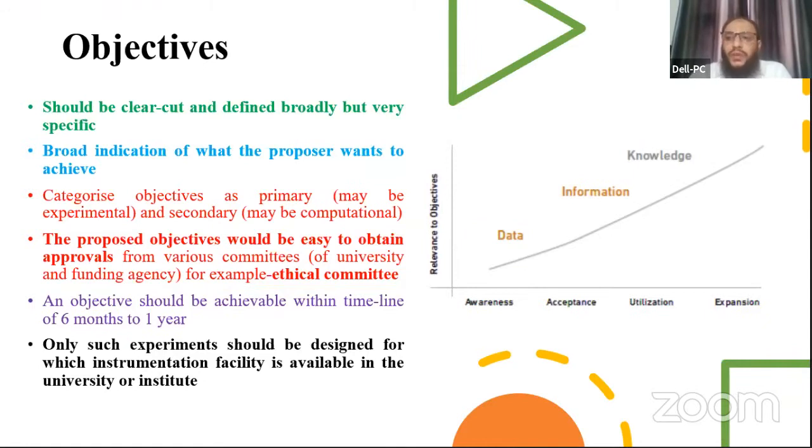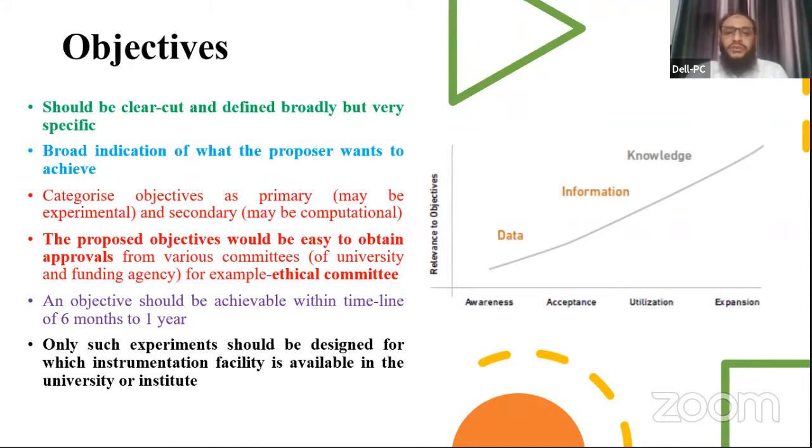How many objectives have you chosen in your proposal? If you have chosen 5 objectives or 6 objectives, then you should broadly classify these objectives into 2 categories. First may be the primary objective, which may be experimental, and some may be secondary objectives, which may be computational, because most of the time now hypothesis testing is implemented in a computational way.